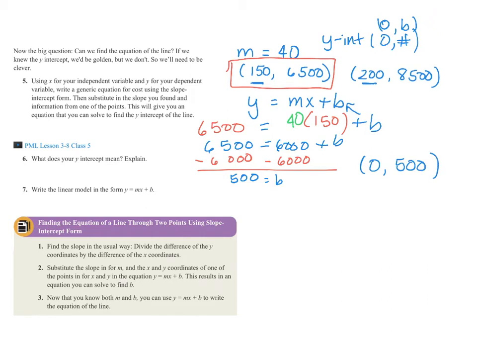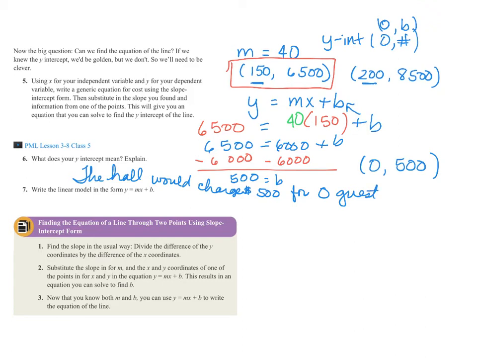So what does that mean? That means the hall would charge $500 for 0 guests. And you're like, well, that doesn't make sense if nobody's coming.